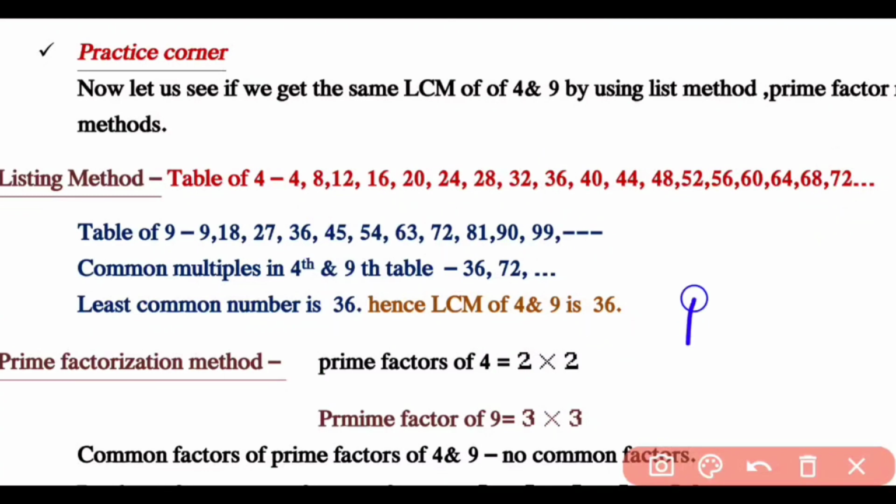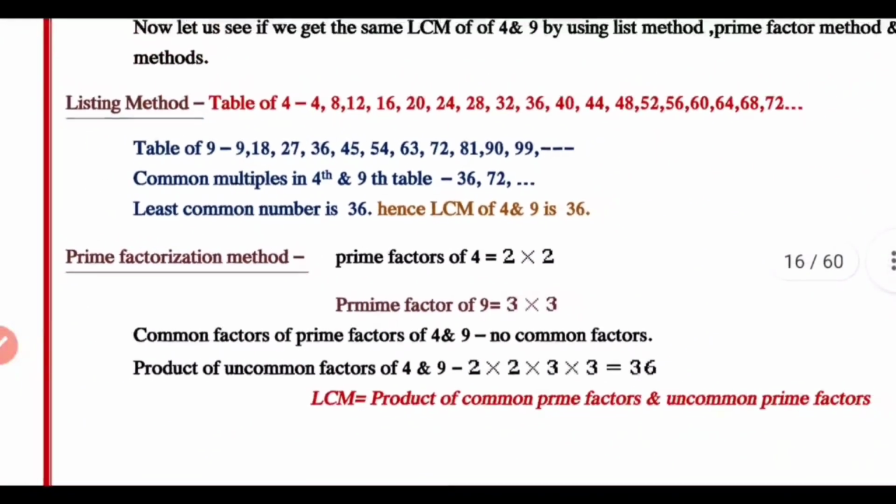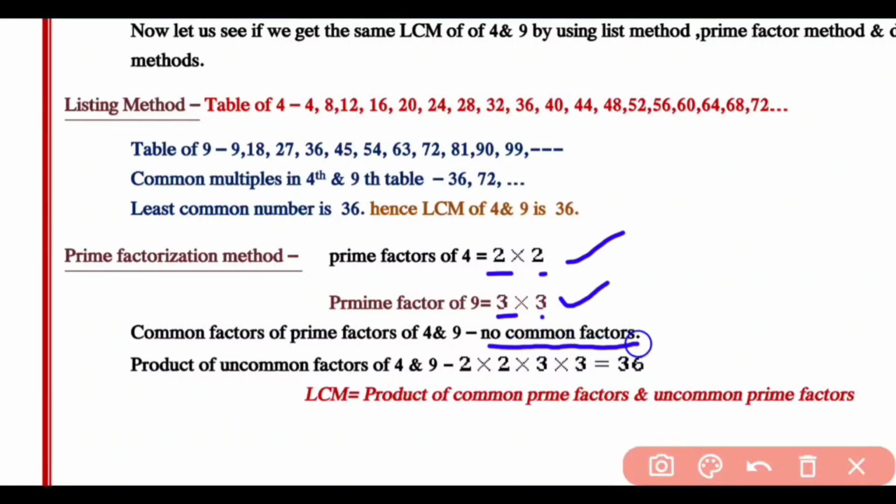In the prime factorization method, we have to write the prime factors of the given numbers. Here we have written the prime factors of 4: 2 into 2 is 4. The prime factors of 9: 3 3s are 9. We cannot see any common factor between these. Here the factors are 2 2, here the factors are 3 3. As the factors are not common, how to find the LCM?